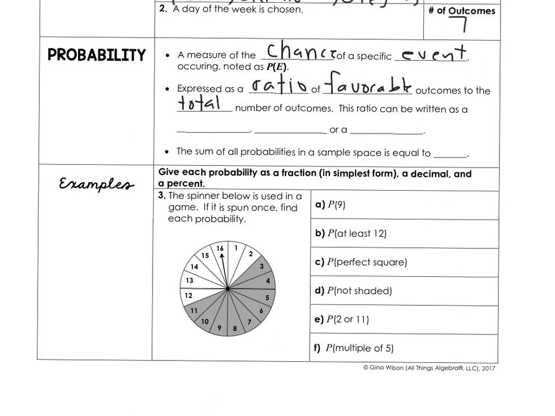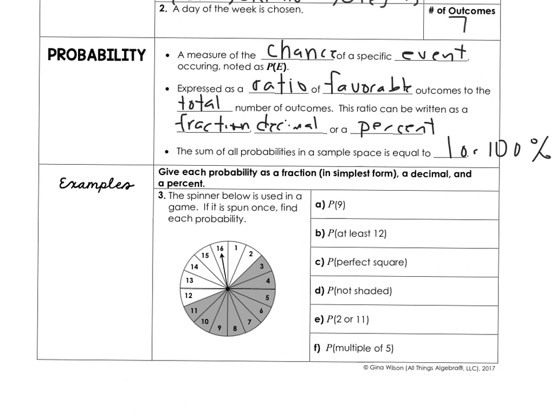And this ratio can be written as a fraction, a decimal, or a percent. And then remember that the largest probability that you can ever have, or the sum of all probabilities in a sample space, is always going to equal 1 or 100%.